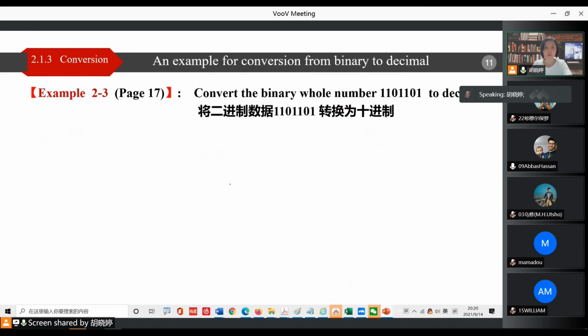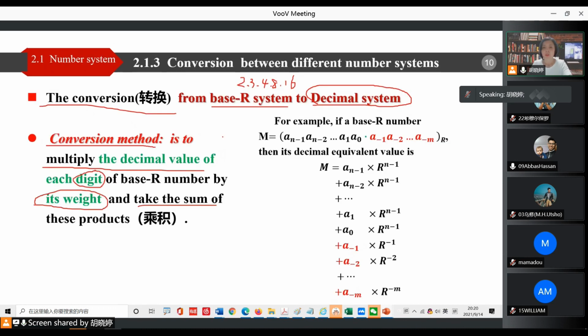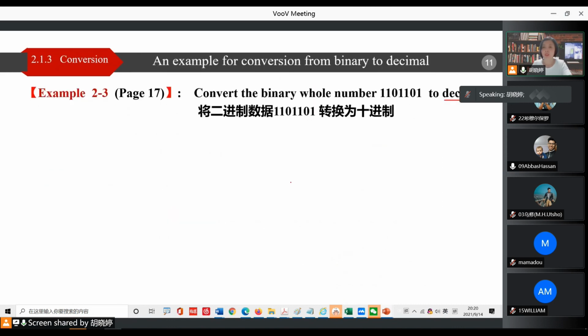For example, please convert a binary number to decimal. According to this method, multiply each digit by its weight and then take the sum.